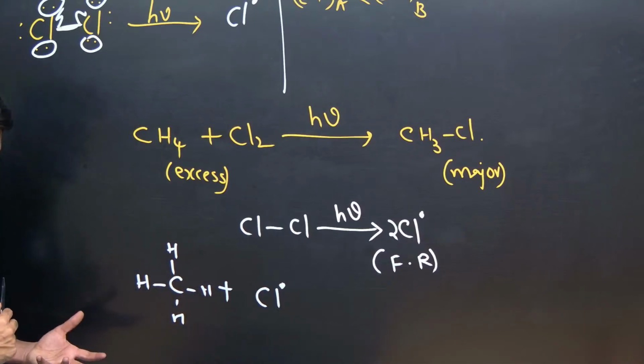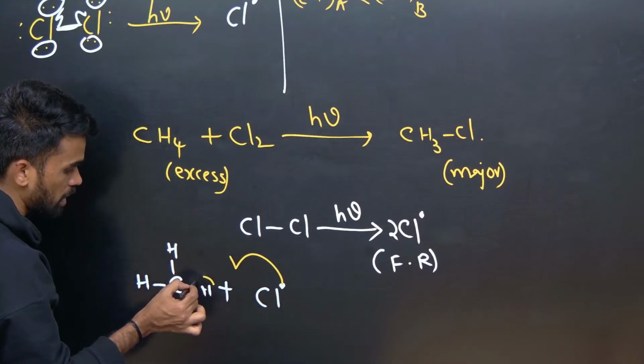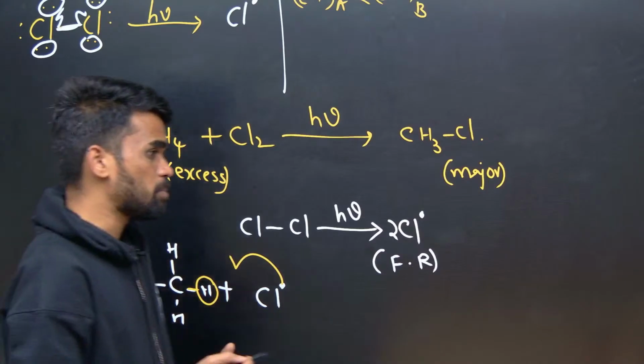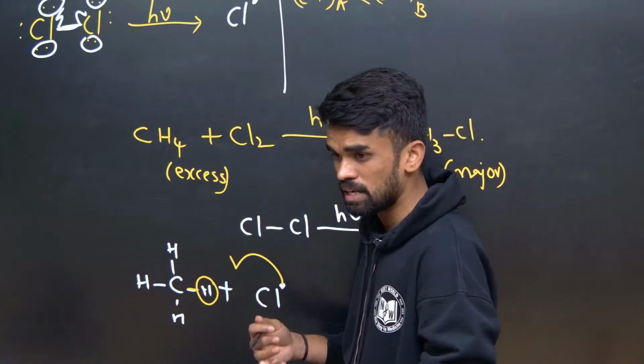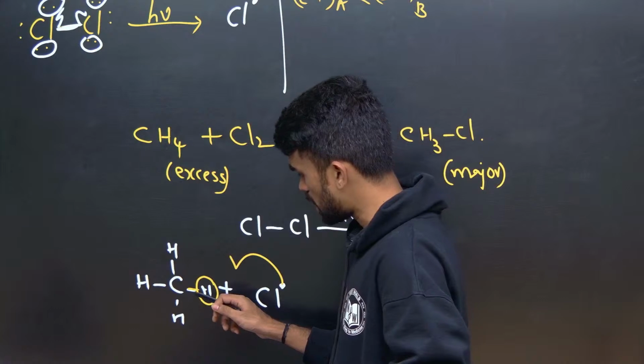The radical will take one of the hydrogens, because bond breakage should take place at the weaker bond compared with the other bonds. Here all bonds are the same, so you can break any of them.